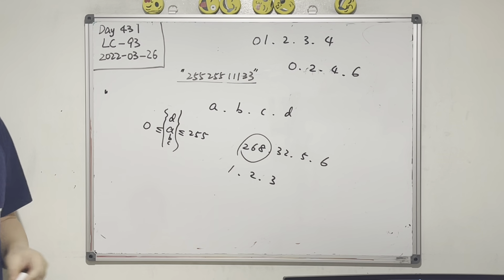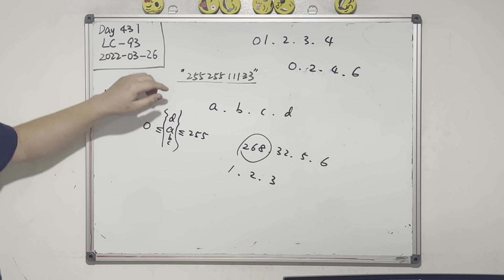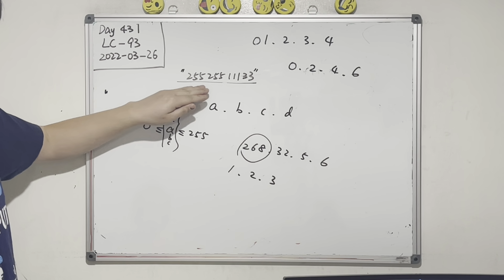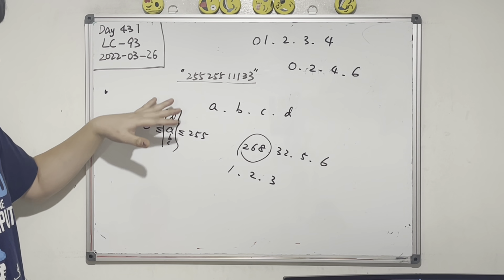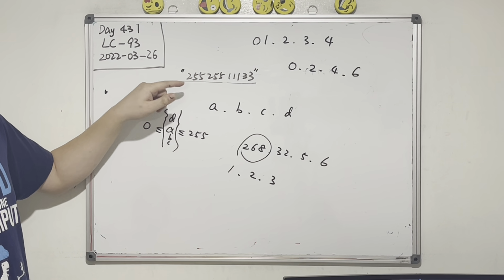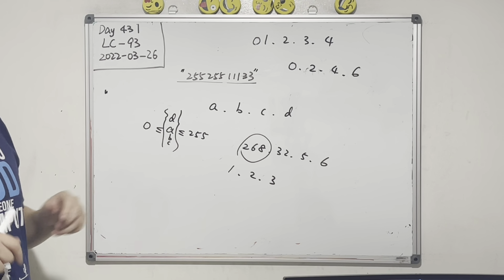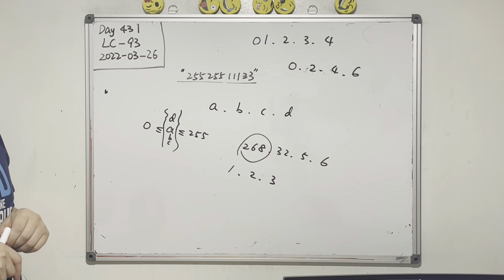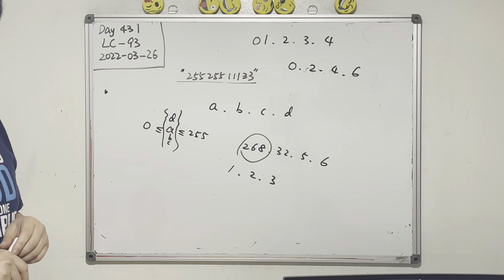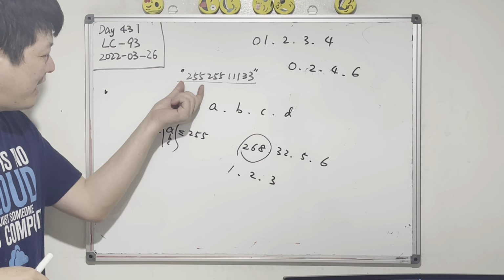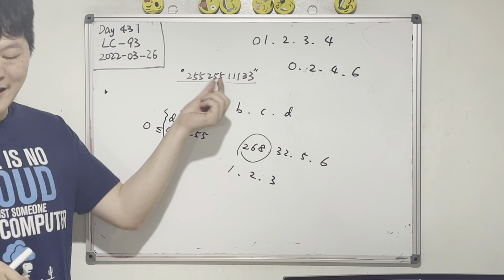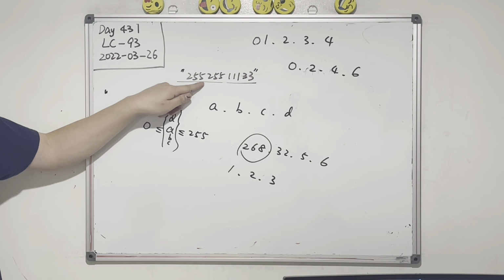All I was doing is counting how many numbers there are, and there are 11. Okay, so you count 11, so you know some information. And then why did you say 255 and then 255?